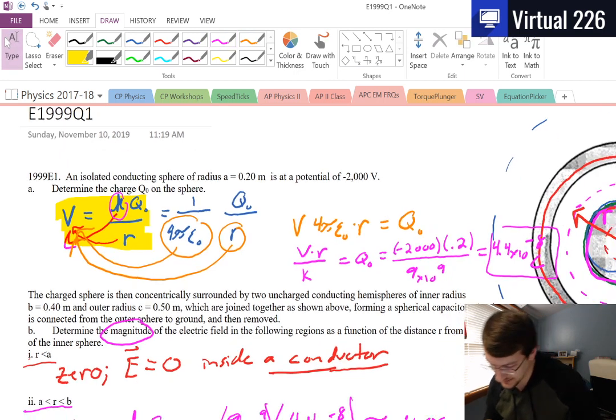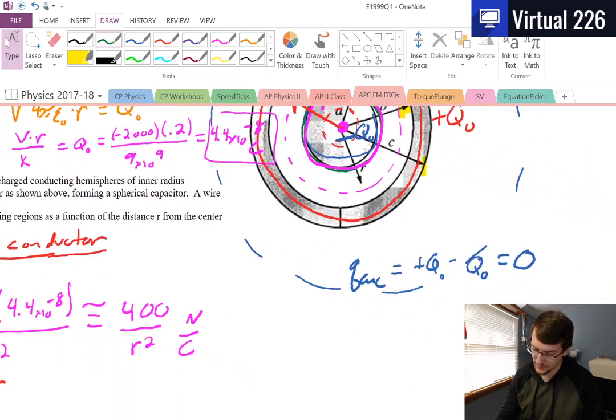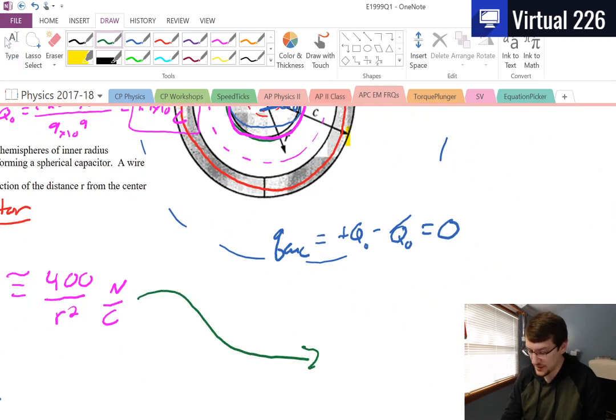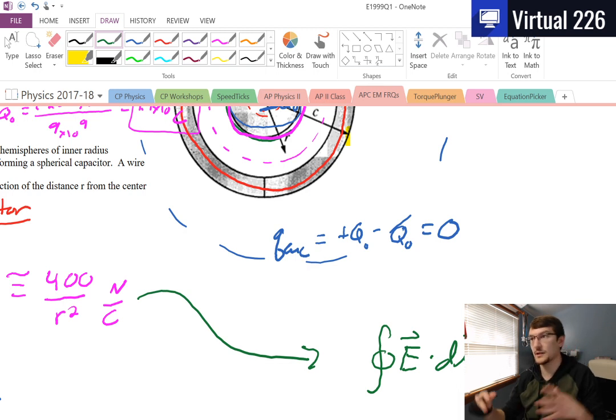If you wanted to prove it, let's just go ahead and prove it. If you wanted to do this with Gauss's law real quick for that region, you could say that the integral of E dot dA equals the charge enclosed over epsilon naught. And then you'd say, hey, look, I made a sphere. The area of a sphere is 4 pi r squared, and the charge enclosed is q naught over epsilon naught.